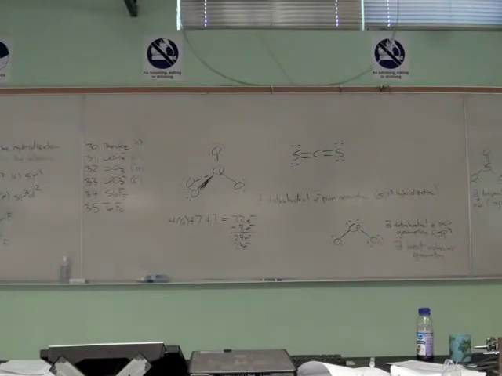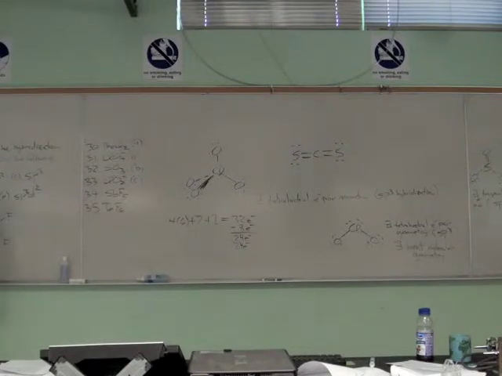So I have 5 plus 5 times 7, which is 35, equals 40 electrons. I deduct 10 electrons. That gives me 30 remaining. How many do I need for each of the fluorines? 6. So that's going to take up 30 electrons. I have no lone pairs on the central atom.